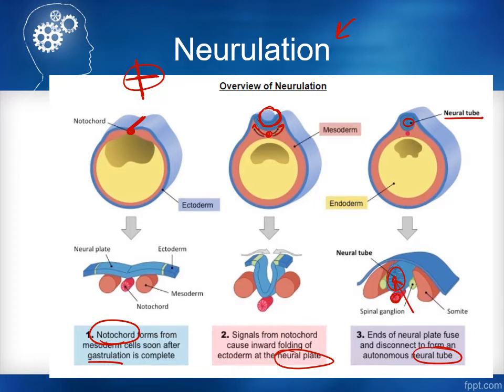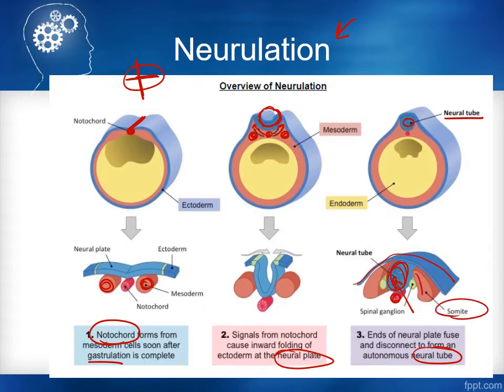So notochord is mesoderm, neural tube is going to be ectoderm. This is going to turn into skin. And what's super cool, this mesoderm stuff here is going to develop into what we call a somite.